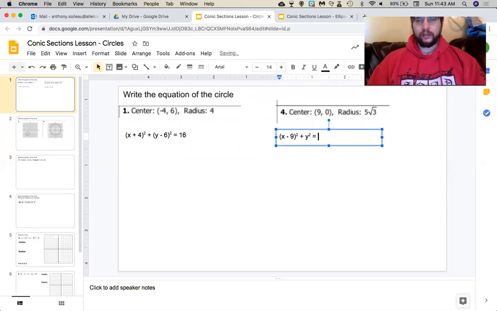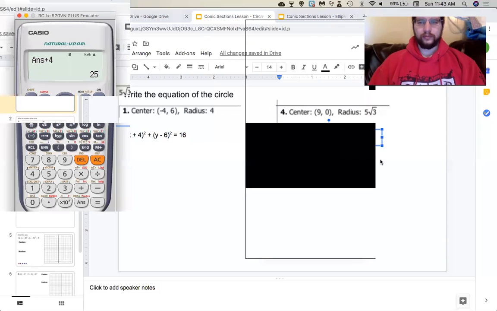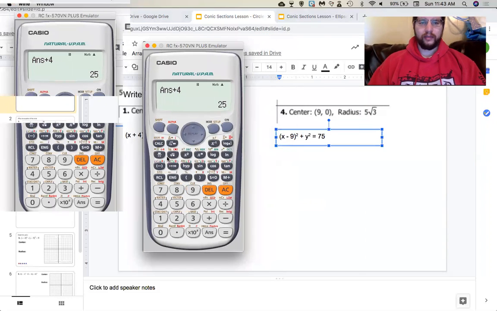Now this is an interesting part. That's why I wanted this one. It's 5 square roots of 3. We got to square that. So you could either know how to do the arithmetic on this. 5 squared is 25. Square root of 3 squared is 3. 25 times 3 is 75. Or you can take a calculator. Make sure you put it in parentheses if you don't have math type.